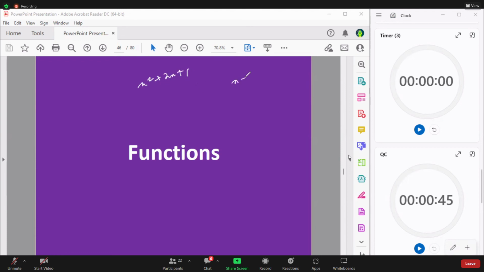Now the factors of this would be x plus 1 and x plus 1, or the roots will be x equals -1, -1. This is a perfect square. Whenever there is a quadratic equation which is a perfect square, the roots are actually equal. Okay.